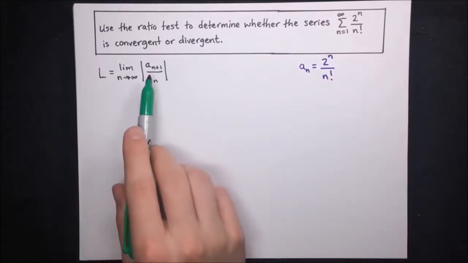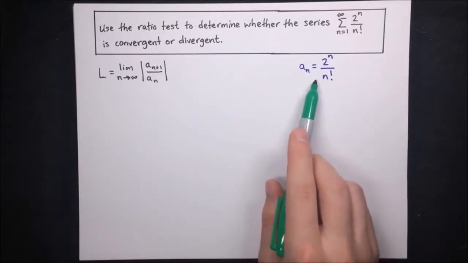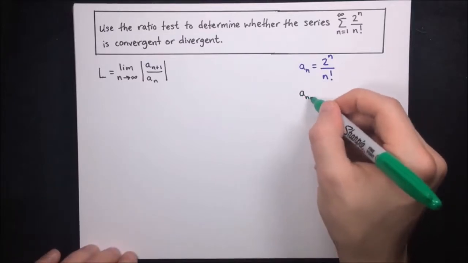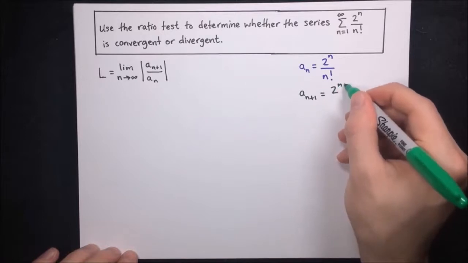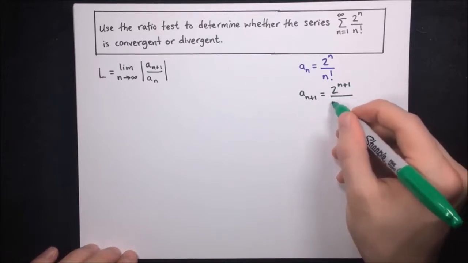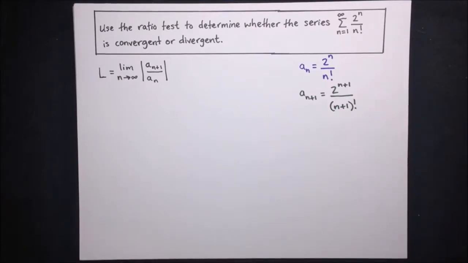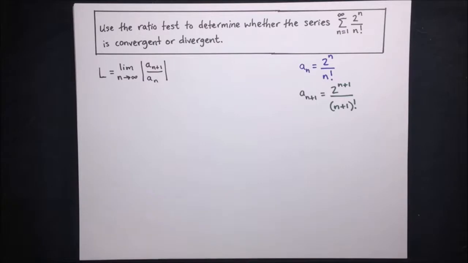Now to get a_(n+1), all we have to do is replace n with n+1 in this formula for a_n. So a_(n+1) is equal to 2^(n+1) over (n+1) factorial. Now we just need to plug these two expressions into our limit. So we'll write that limit again.